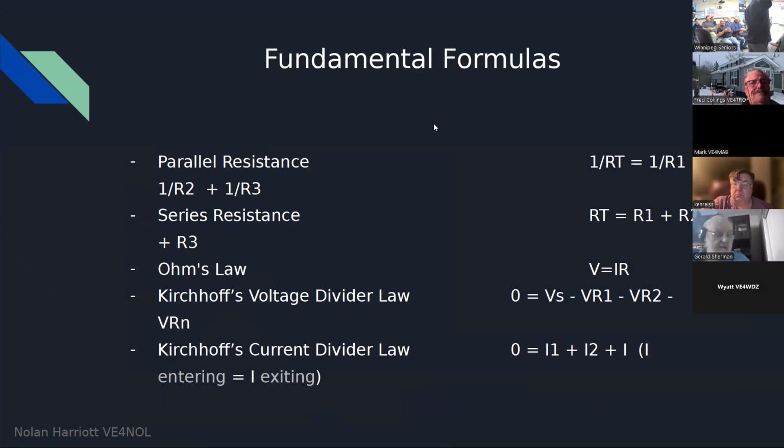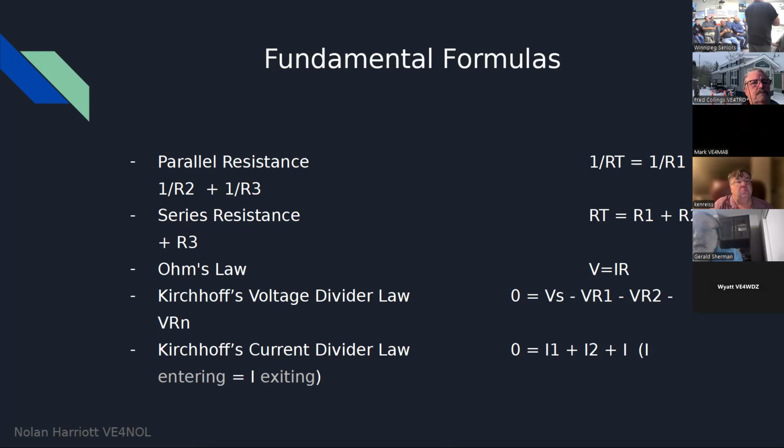All right. Just a couple of quick fundamental formulas that I'm going to breeze over and make reference to. We all know these, so they would have been on your exams. Parallel resistance: 1 over RT equals 1 over R1 plus 1 over R2. For series resistors, total resistance is just the sum of all the resistances in the circuit.